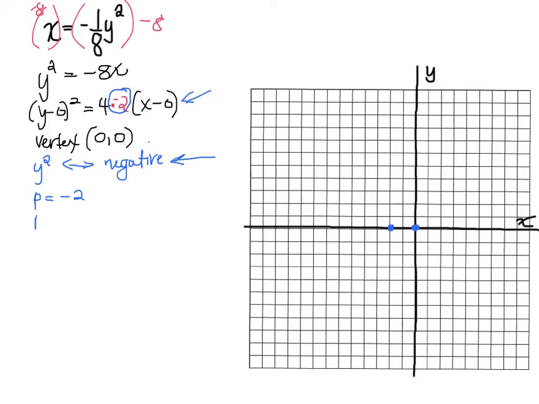So my focus has a -2, 0 ordered pair, which means my directrix has to be a vertical line at x equals +2.